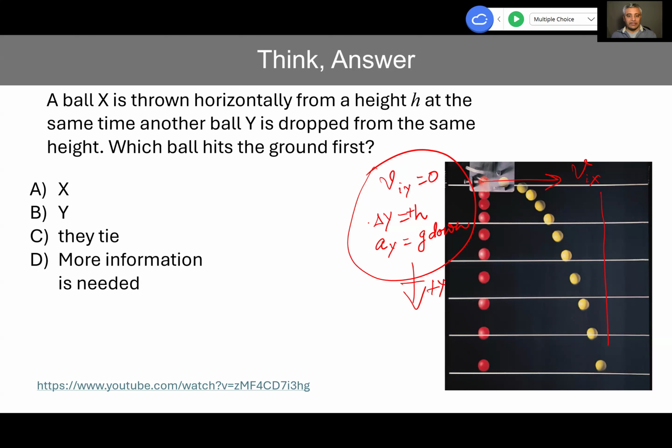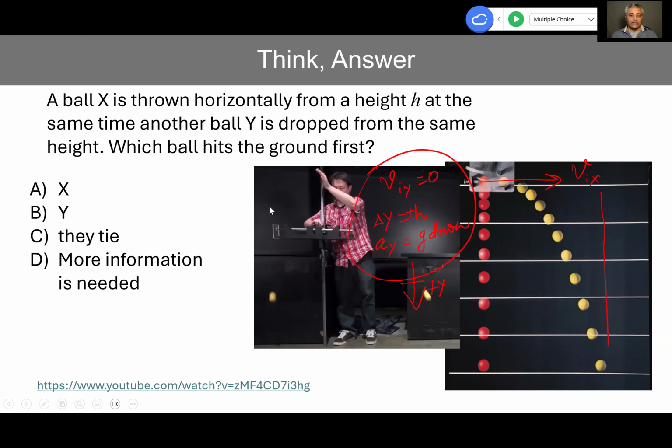That plays a very important role in solving projectile motion problems. In a projectile motion problem, other things could be different. So you can write one equation for the horizontal direction and one equation for the vertical direction. Once you have two equations, the time is going to be the same in both equations because of this reason.